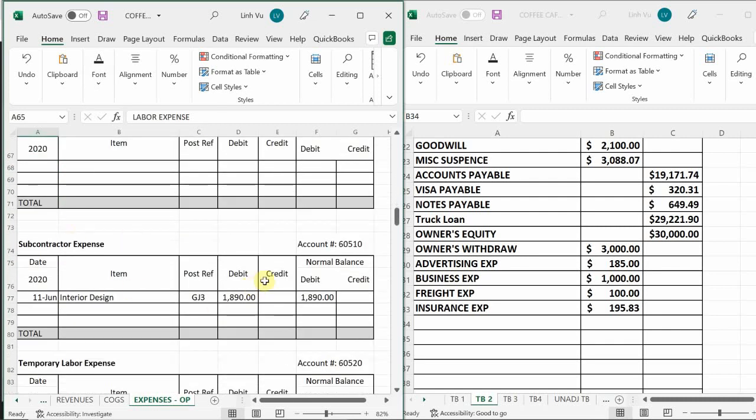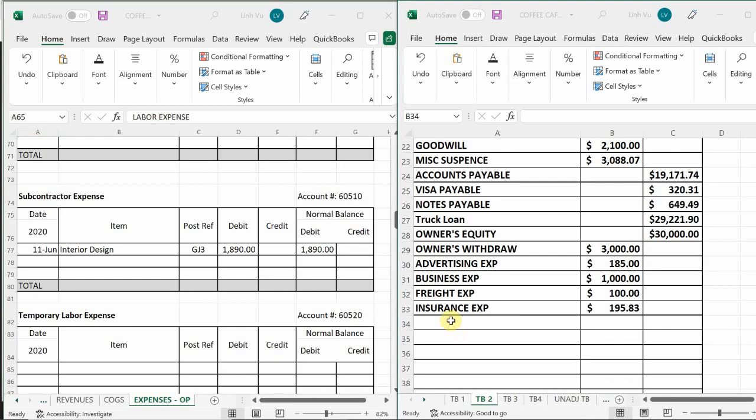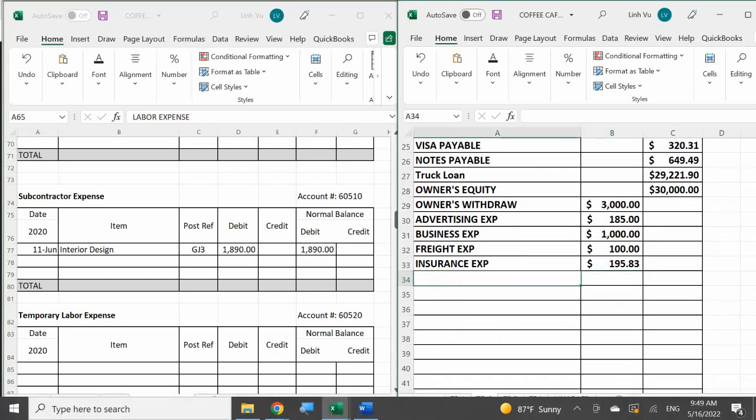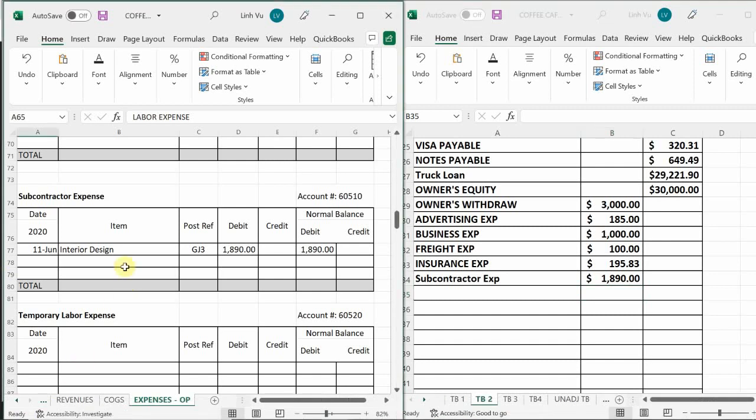Okay. So we have a subcontractor expense. How much did my subcontractor cost me? For the foundation, it cost me $18.90.